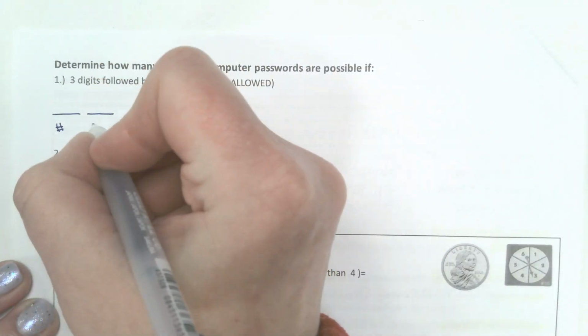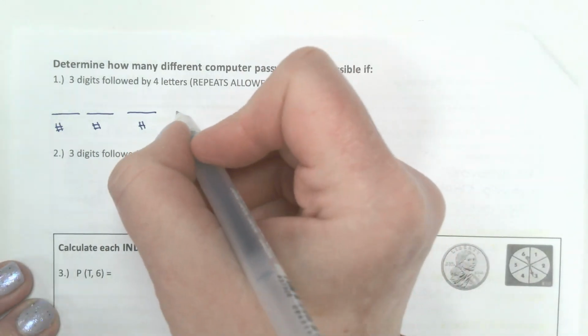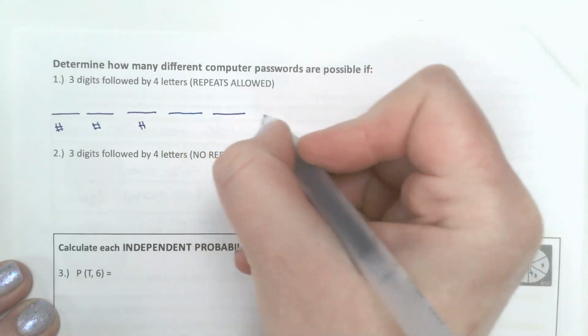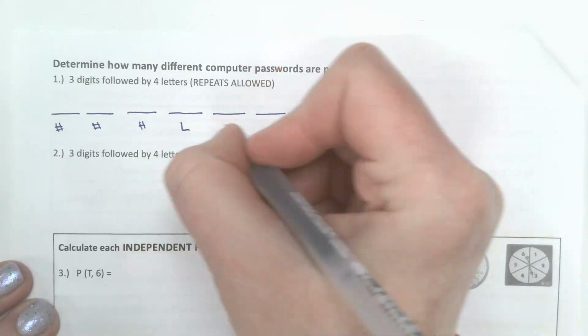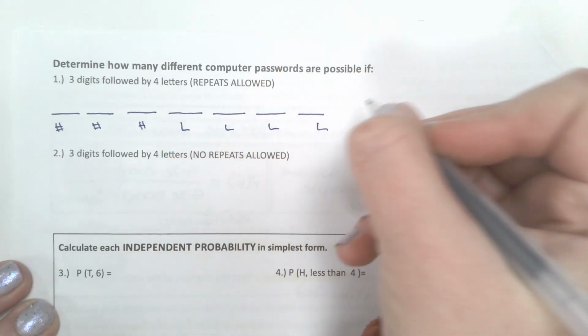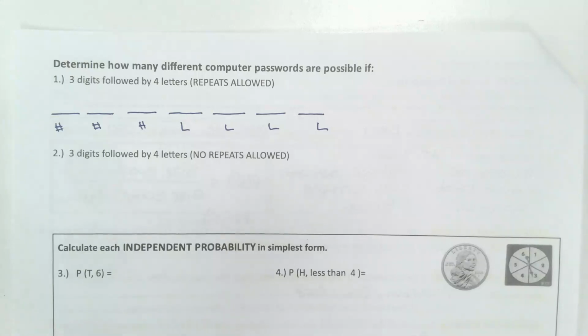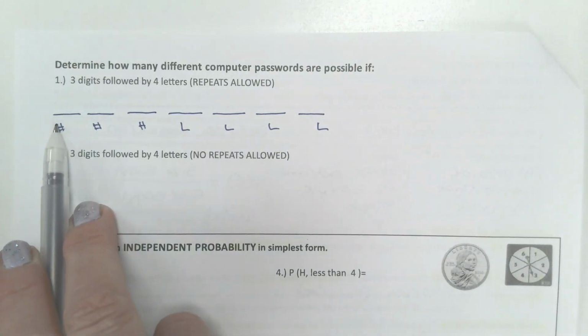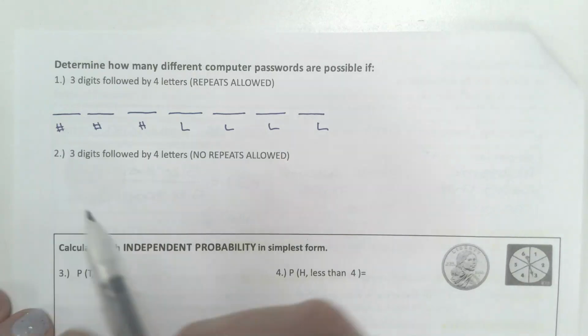Okay, so I have 3 digits. So in these first ones, I got number, number, number, followed by 4 letters. Letter, letter, letter, letter. And in this one, we have repeats are allowed. So, how many different digits are there? 10.